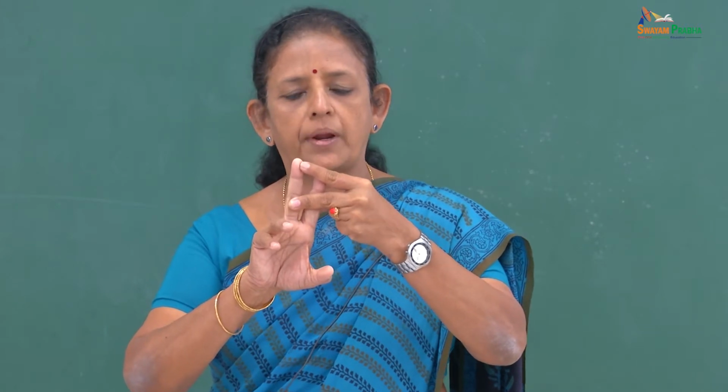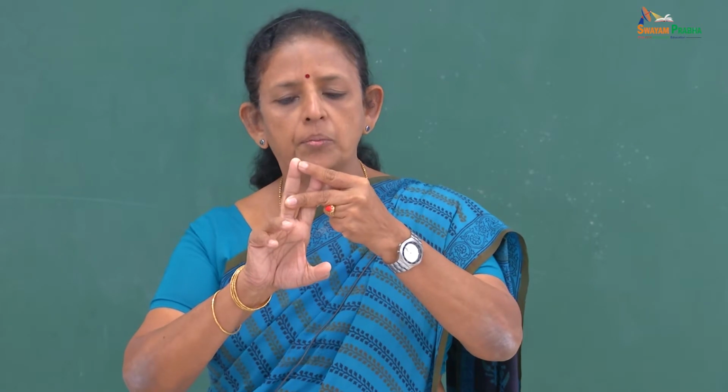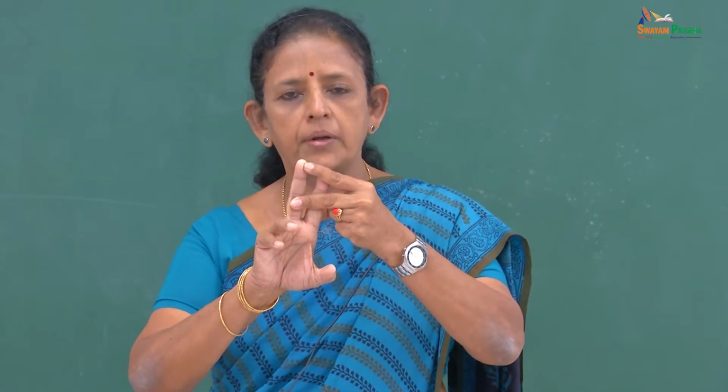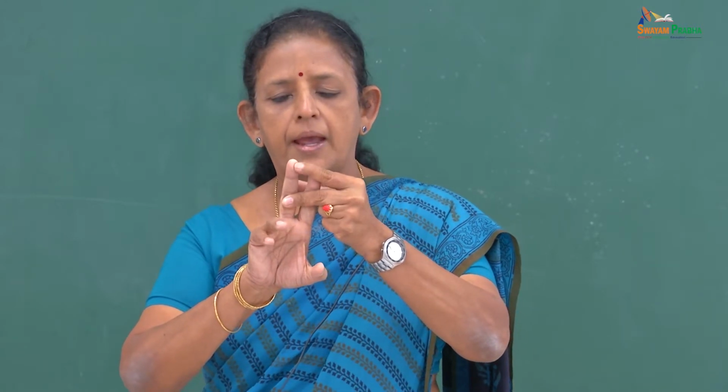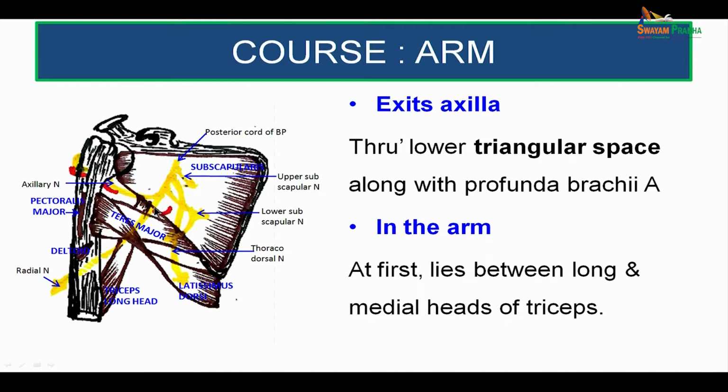The area of interest for us today is the lower triangular space, which is bounded above by the teres major muscle, medially by the long head of triceps and laterally by the shaft of the humerus. It is in this lower triangular space that the nerve emerges along with the profunda brachii artery. At that region, it lies between the long and medial heads of the triceps.